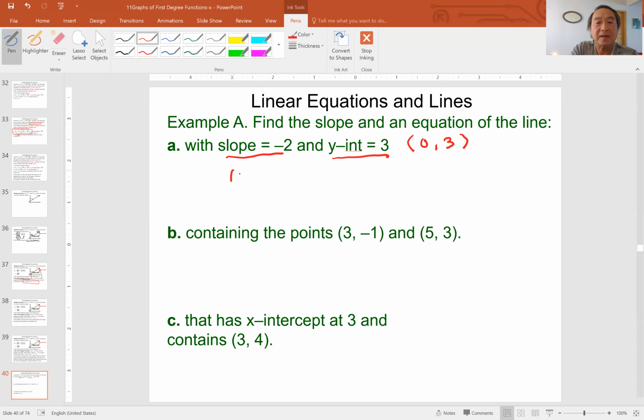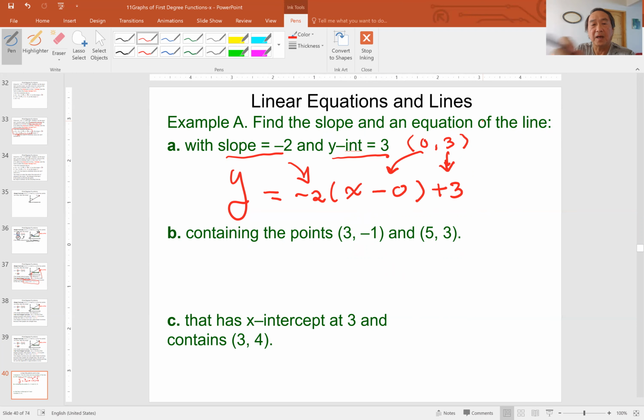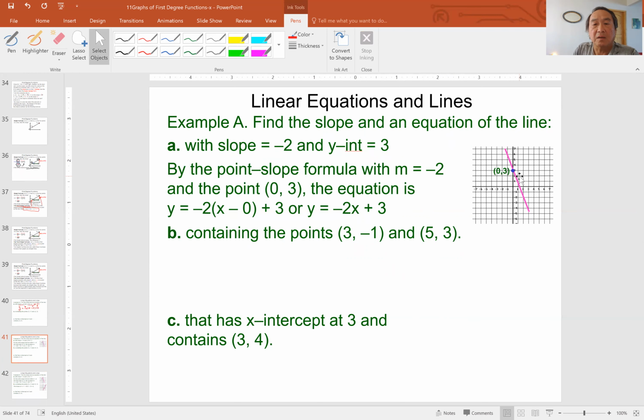Once I have that, I can make the equation. Put -2 in the front, x, then put zero over here, -0, and then plus the 3. Whatever the sign is, you put 3 in there. And this is the equation for the line passing through (0, 3) with slope -2.